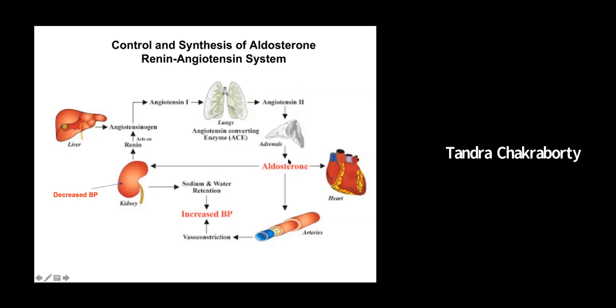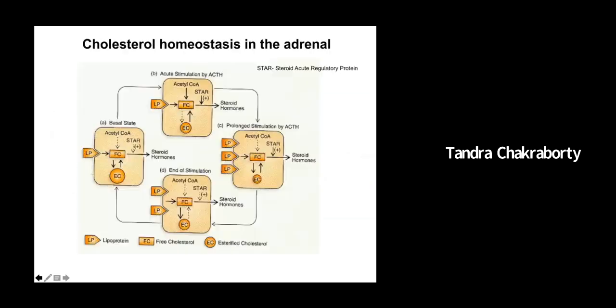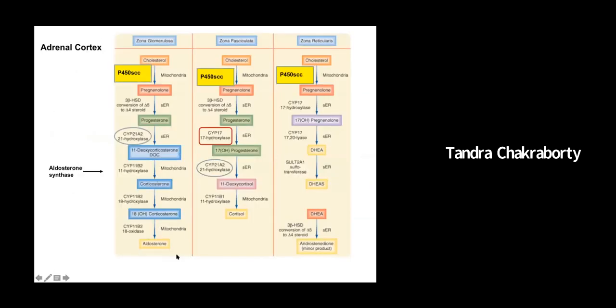Okay, so now we have just learned the pathway by which aldosterone is produced. I'm just going to go back a few slides so that it makes more sense. So if you remember, we were talking about production of aldosterone in here.